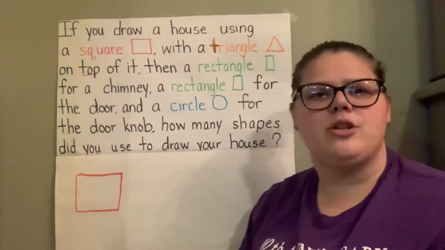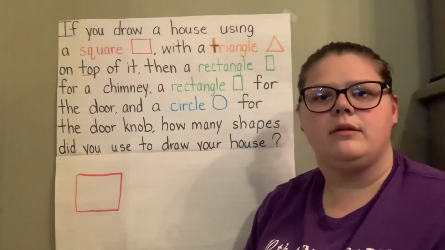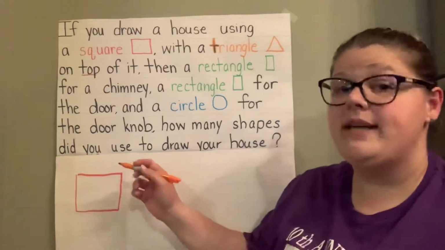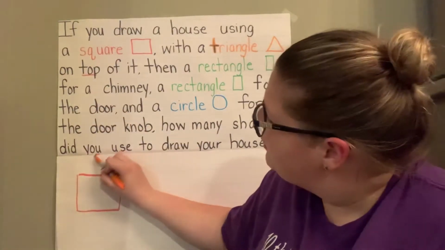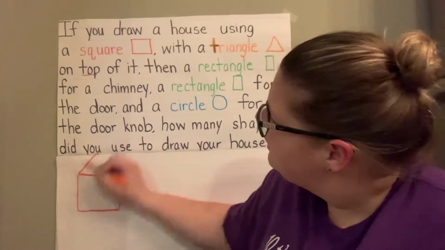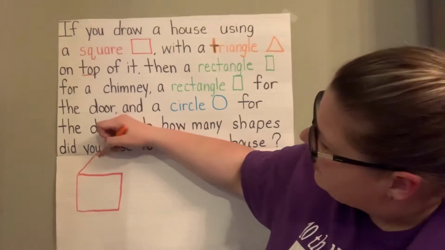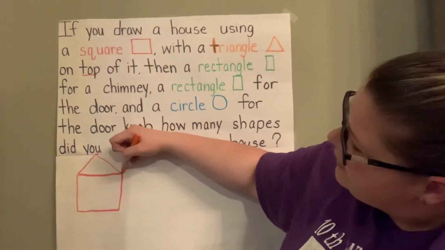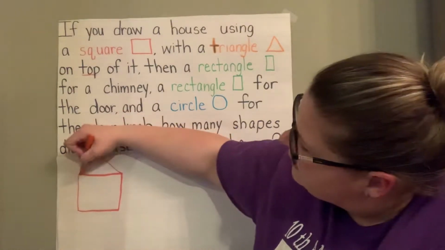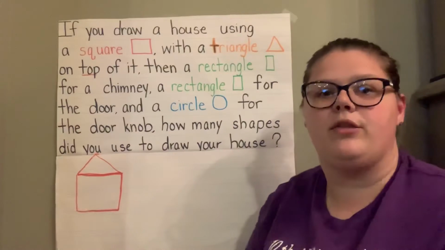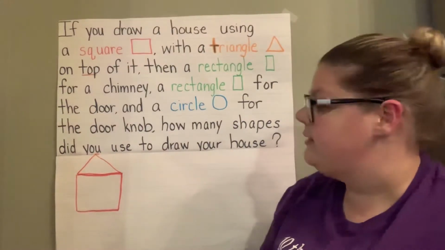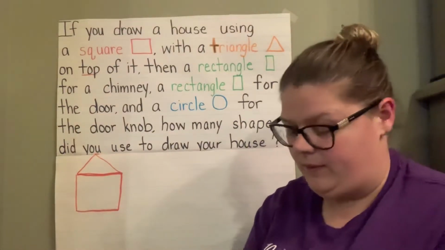How many sides should I put on my triangle? Good. 3 sides on a triangle. So we're going to start at the top and pull down. And then come back to the top, pull down. So 1, 2, 3 sides. So there's my triangle with 3 sides on top of the square.